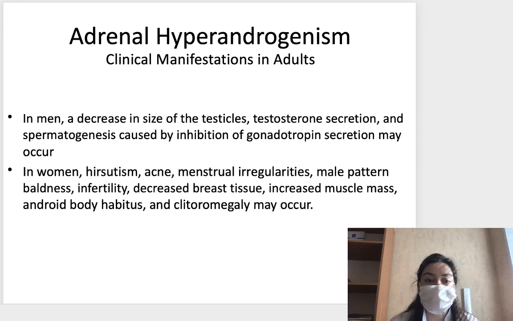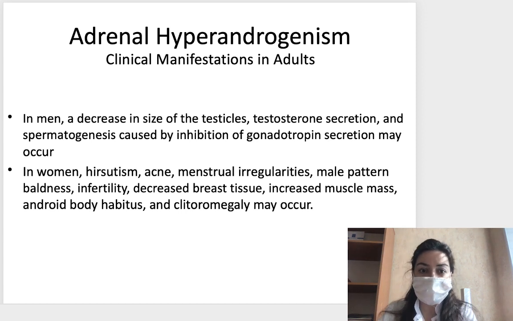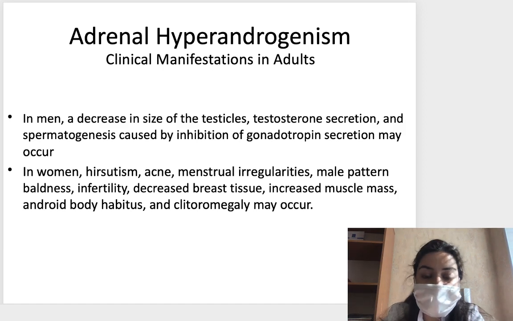In adults, in men, a decrease in size of the testicles, testosterone secretion, and spermatogenesis caused by inhibition of gonadotropin secretion may occur. In women, hirsutism, acne, menstrual irregularities, male pattern baldness, infertility, decreased breast tissue, increased muscle mass, android body habitus, and clitoromegaly may occur.